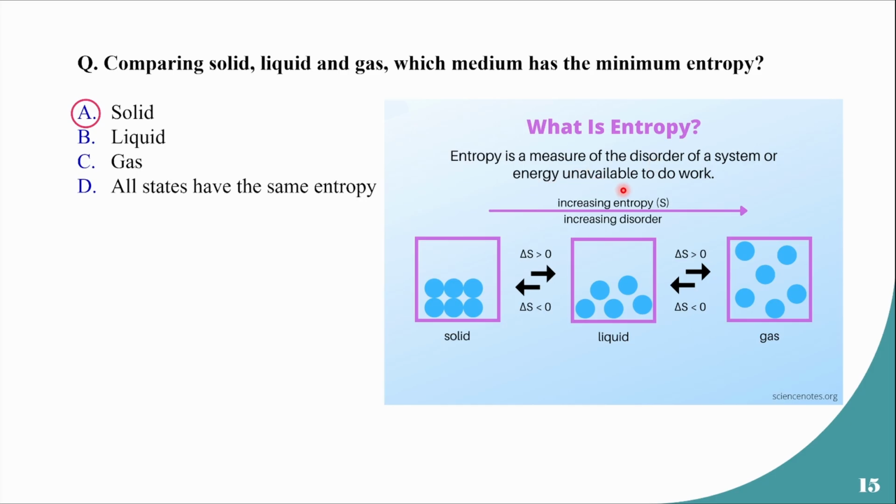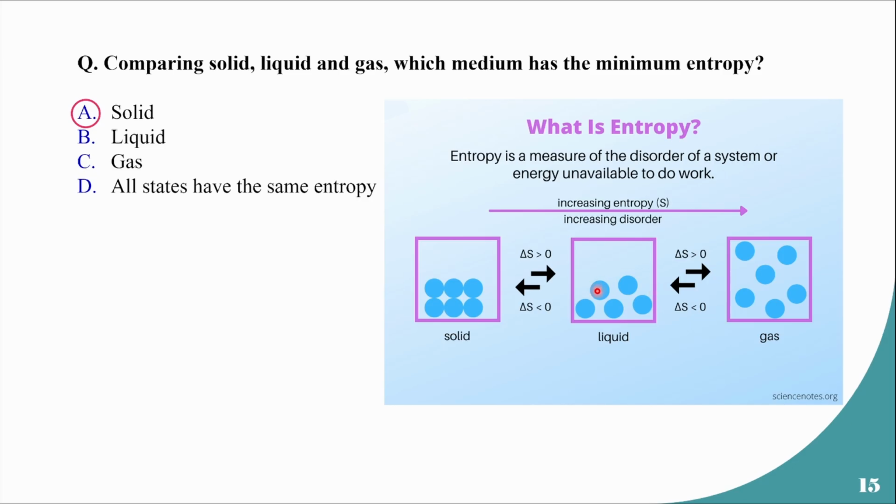Now, since it is the measure of disorder, of course in the solid state the molecules have the lowest degrees of freedom. They cannot move around much, right? So that is why the solid state will have the lowest entropy. And then if you transform that into a liquid state, the degrees of freedom increase.